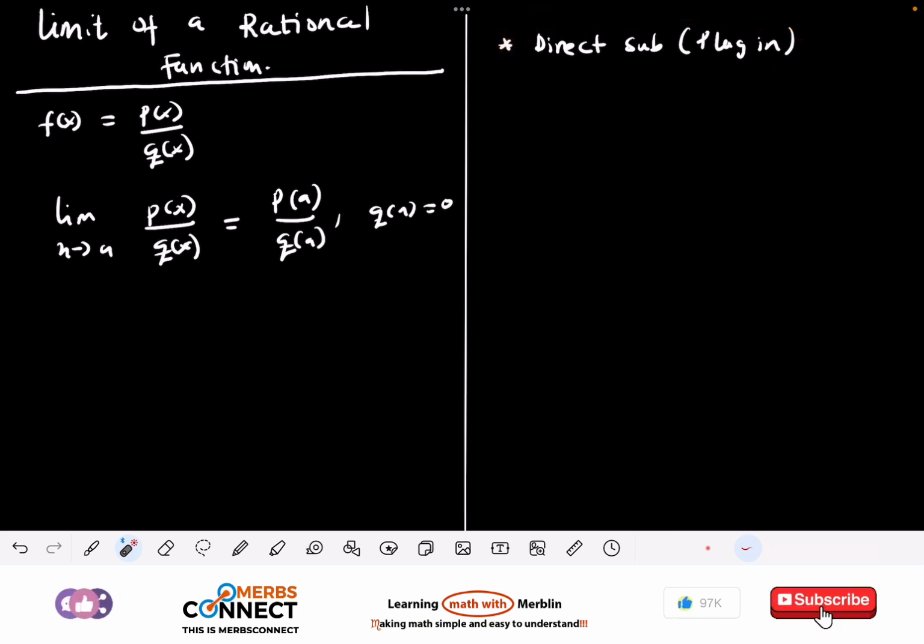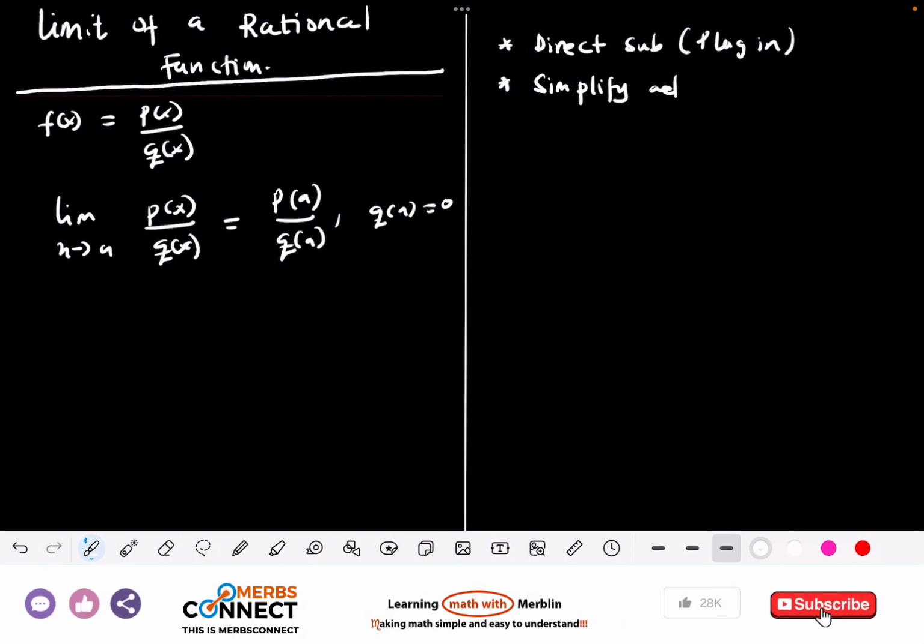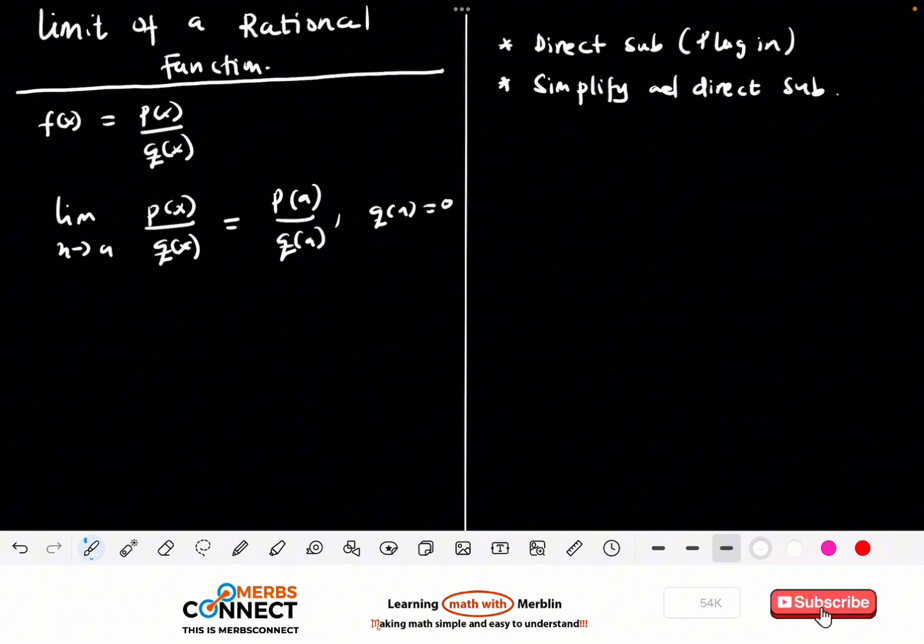If I don't get a result, that is, when the denominator is 0, then I have work to do. What's the work that I need to do next? I need to simplify, and when you simplify, you do direct substitution again, which is very nice.